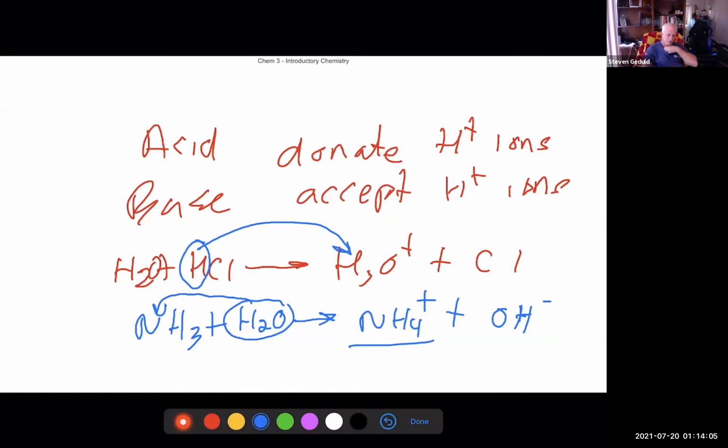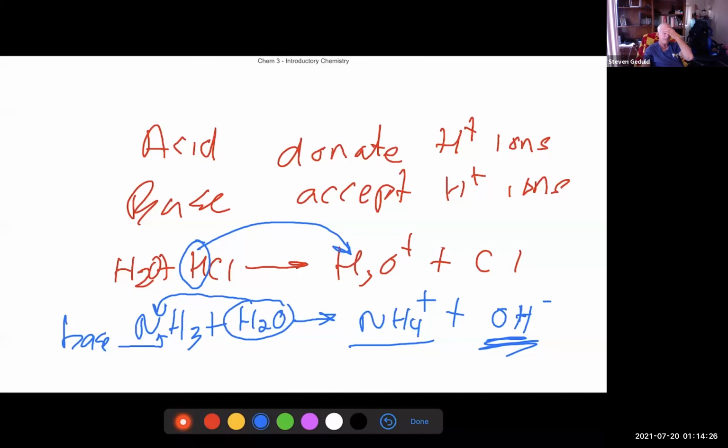So this is a base, ammonia is a base. It produced your OH-. And the water donated a proton, the NH3 accepted a proton. It accepted the H+. Okay? So it's a proton acceptor, makes it a base. So the similar definition is just slightly different in how you look at them.